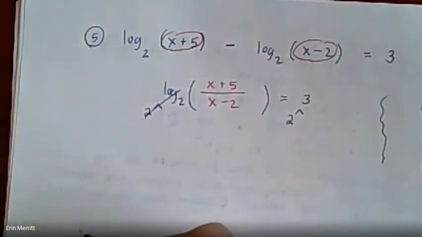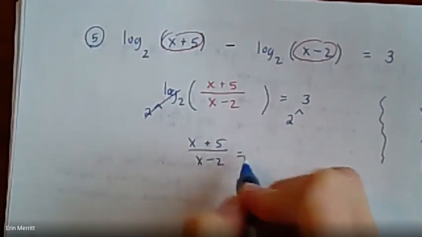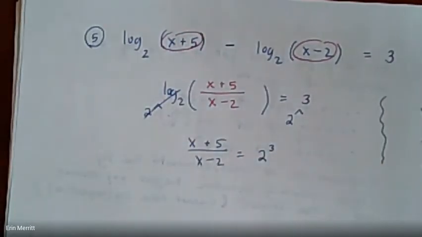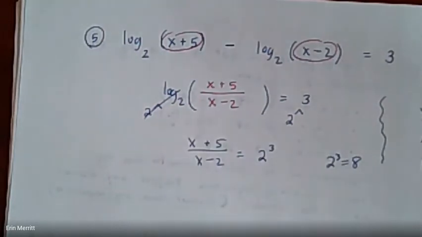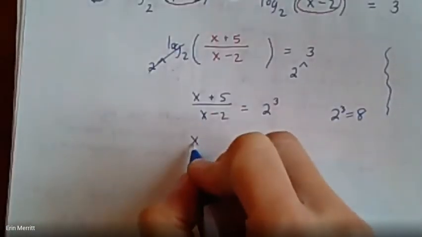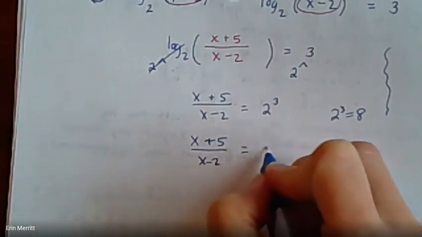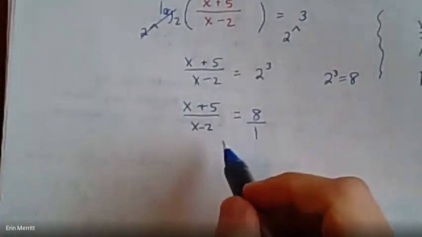All right, this cancels out. We get x plus 5 over x minus 2. Here, this is 2 cubed. You guys know what 2 cubed is. 2 cubed is just 8. So I'm going to substitute in an 8 there. So x plus 5 over x minus 2 is equal to 8. Just like last time, I'm going to throw it over 1 and cross multiply because it just makes more sense to me.